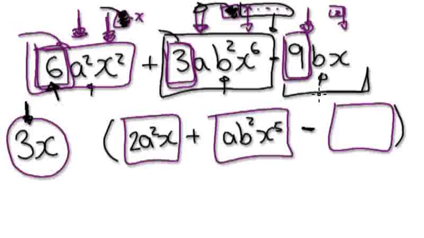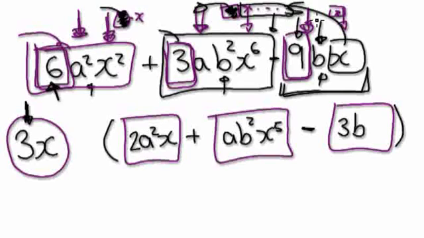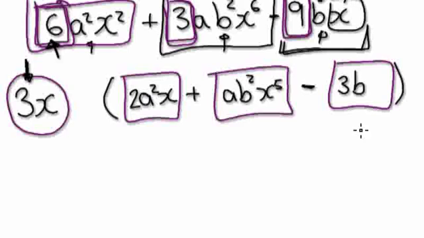Now looking at this term, remember we've taken the 3 out already, so what's left will be 3, because 3 times 3 is 9. We didn't take the B out, so the B will stay here, but we did take the x out. So all that's left is 3b. Now let's tidy this up.